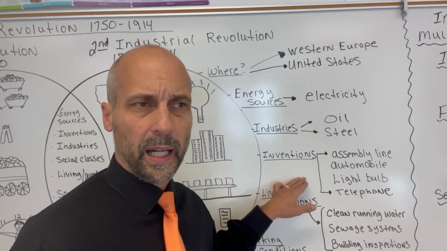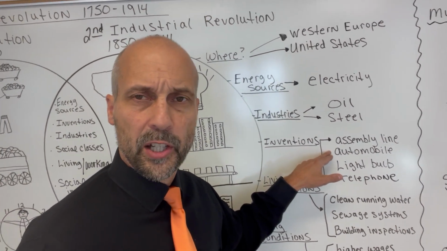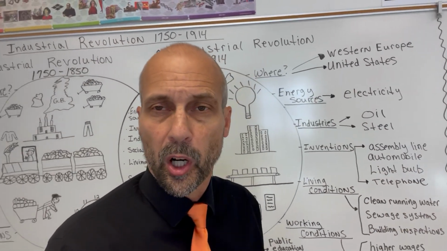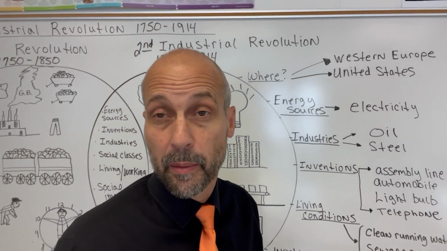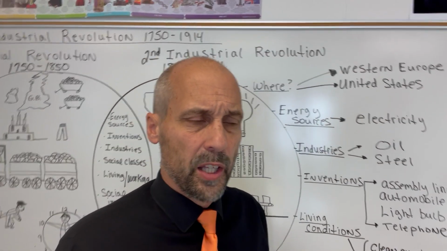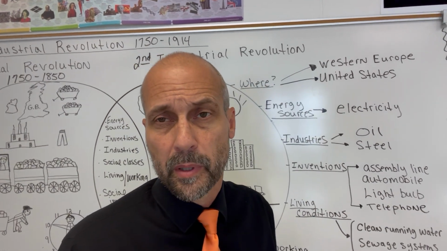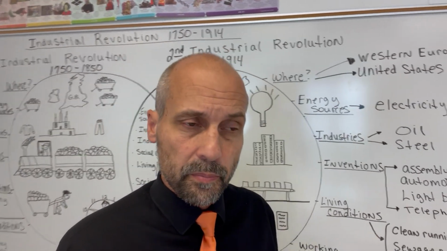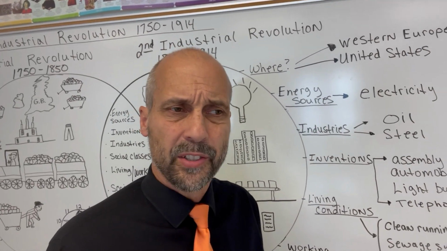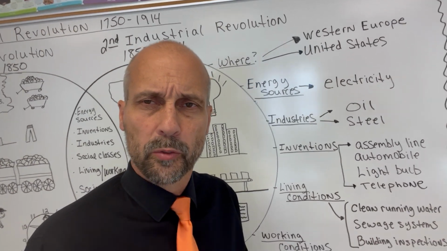We focused a little bit on Henry Ford's assembly line and how that was initially invented to roll automobiles off the line, and it made that more affordable to the average person. But also, it led to mass production, and that really has helped any industry make products quicker, faster, more cheaply, which allowed the average common person to be able to afford them.